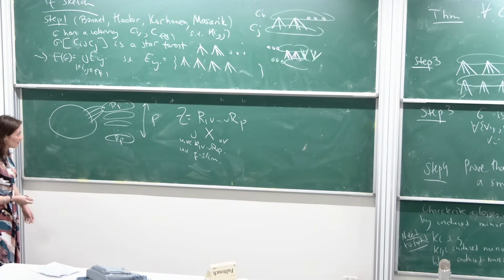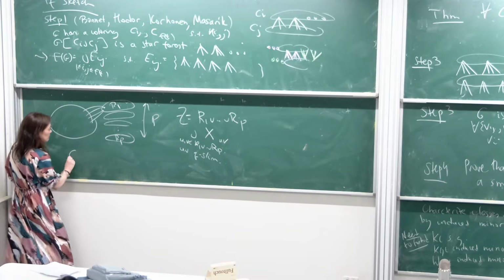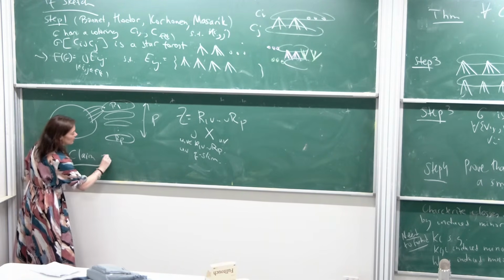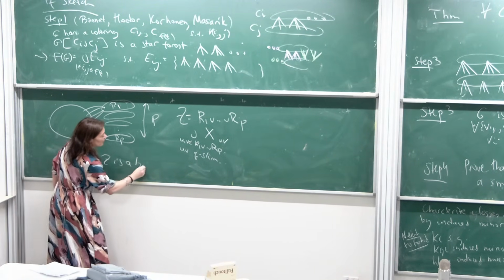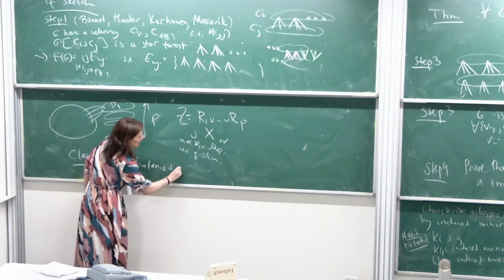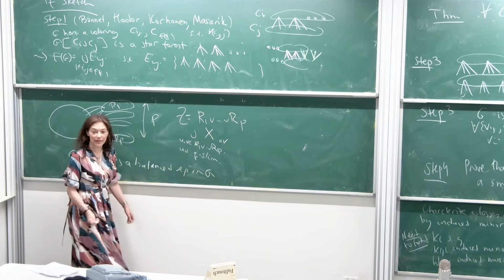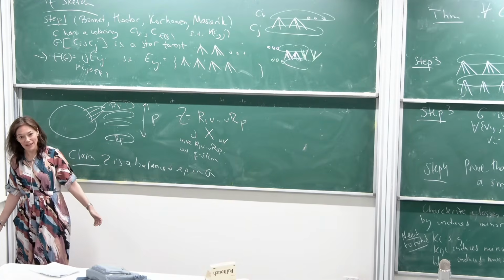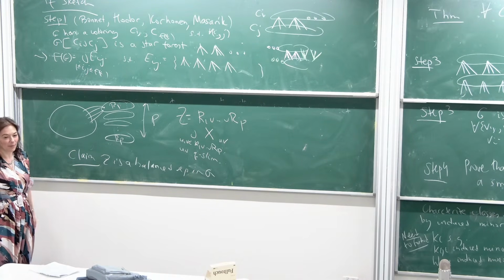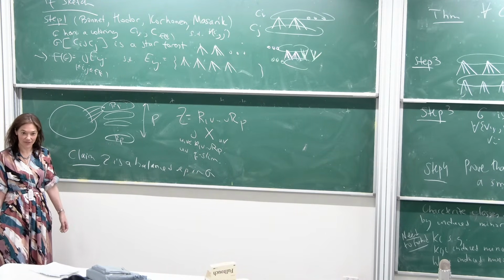So now I claim Z is a balanced separator. And if only I could prove that, then I'd be done, because we already said small balanced separators is the same as bounded treewidth.